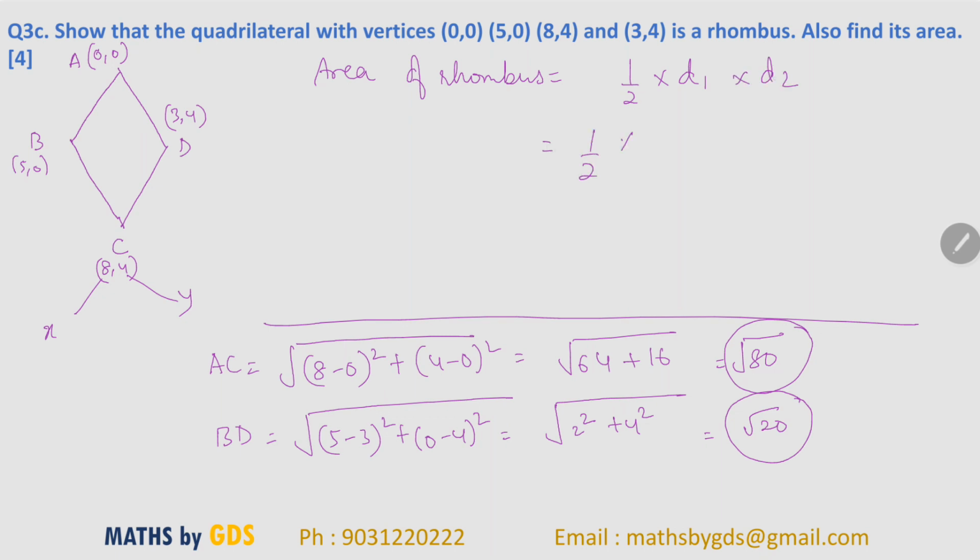So we have half into under root 80 into under root 20. So this gives us half into under root 1600, which is half into 40, which gives us 20 square units. Alright, so the area of this rhombus is 20 square units.